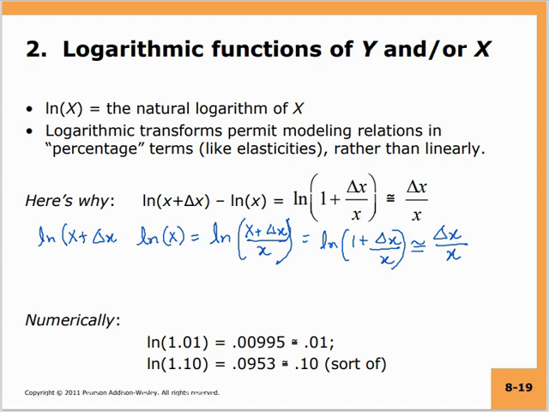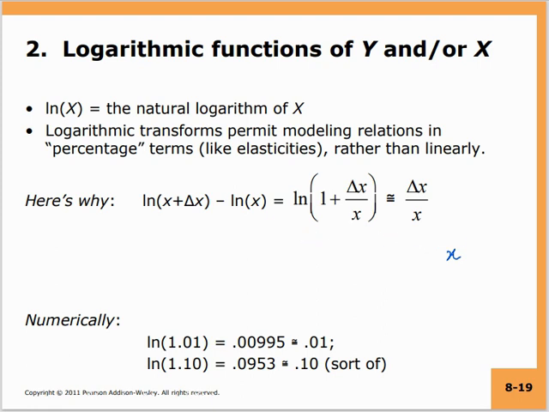In order to show how this approximation holds for small x's, let me start with the Taylor series expansion. You may remember that e to the power of x can be written as 1 plus x by 1 factorial plus x square by 2 factorial plus x cube by 3 factorial and so on and so forth.